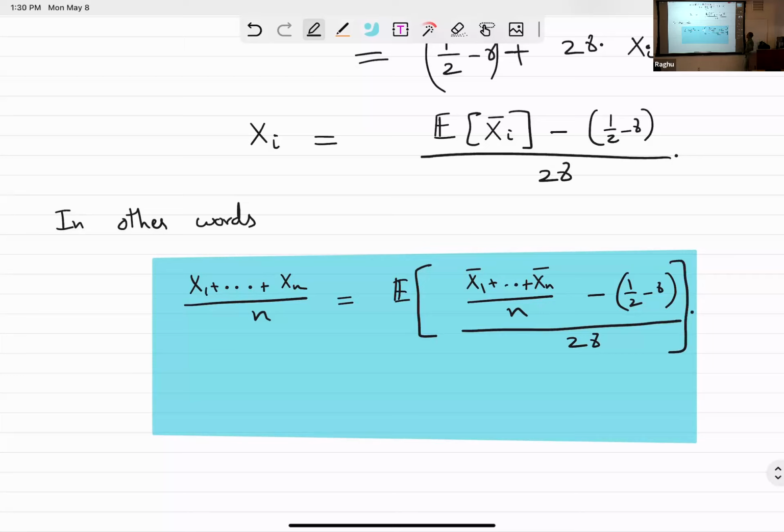Okay. So if I just add up everything and divide by n, I get a similar looking equation. I just have to compute the average on my new data set and shift and scale it up appropriately.